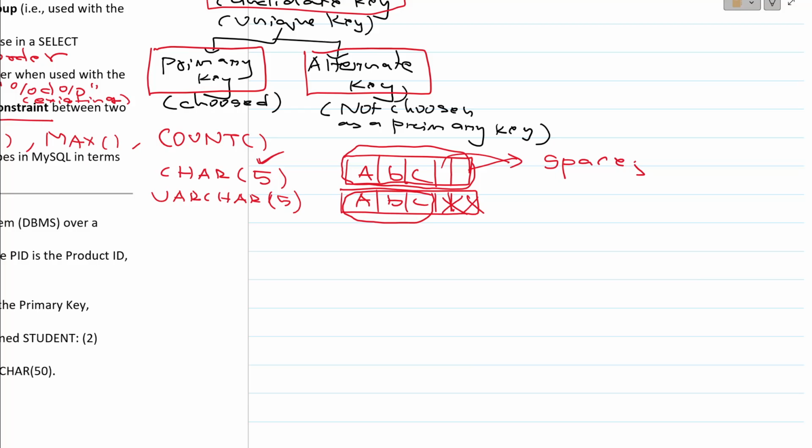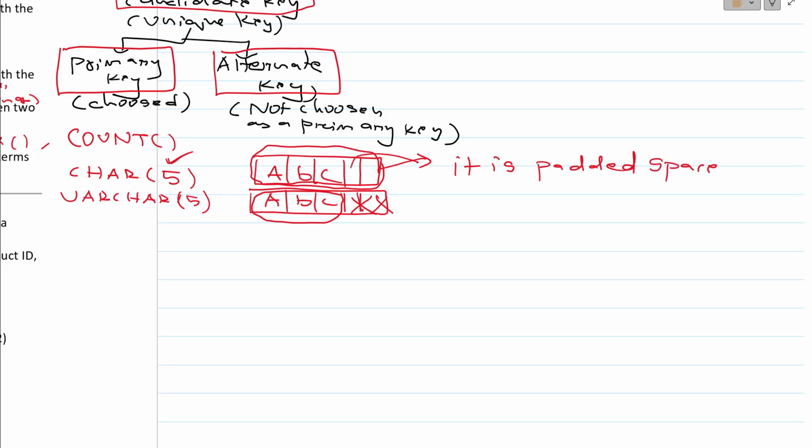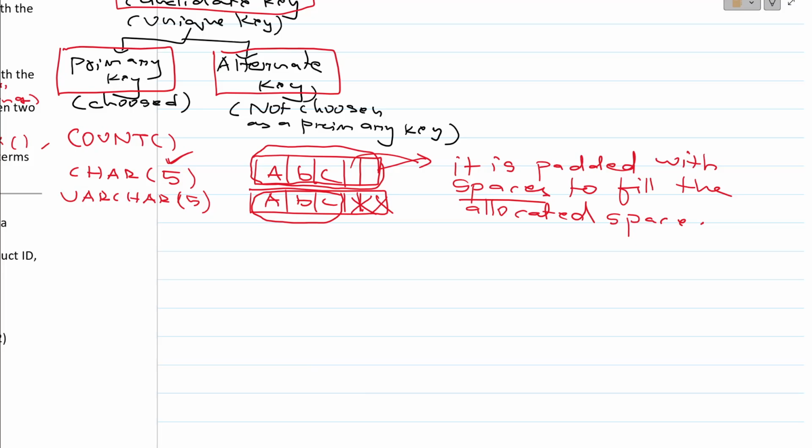You can add one statement in your notebook: the other places are padded with spaces. Simply it will be providing spaces to fill the allocated space. Garbage value is not the proper term over here, so you can rectify it.